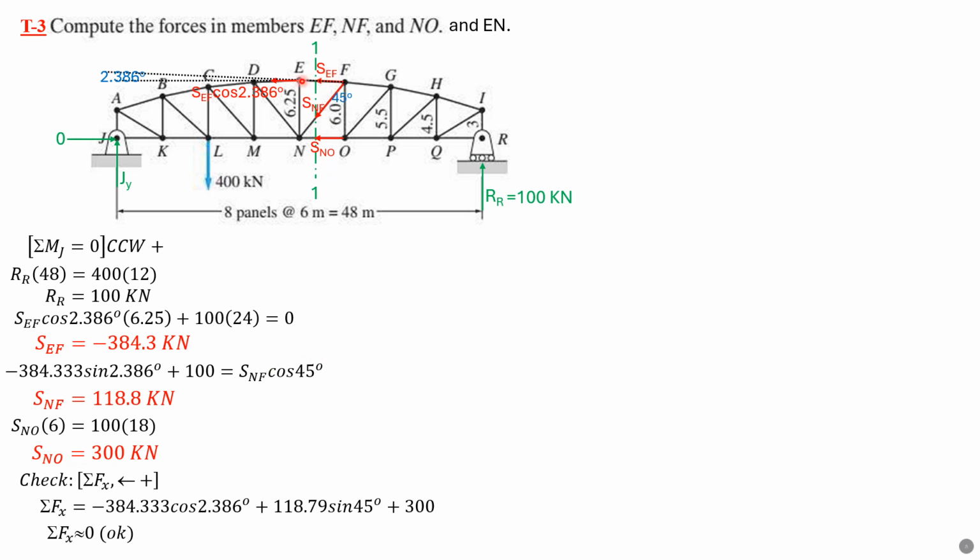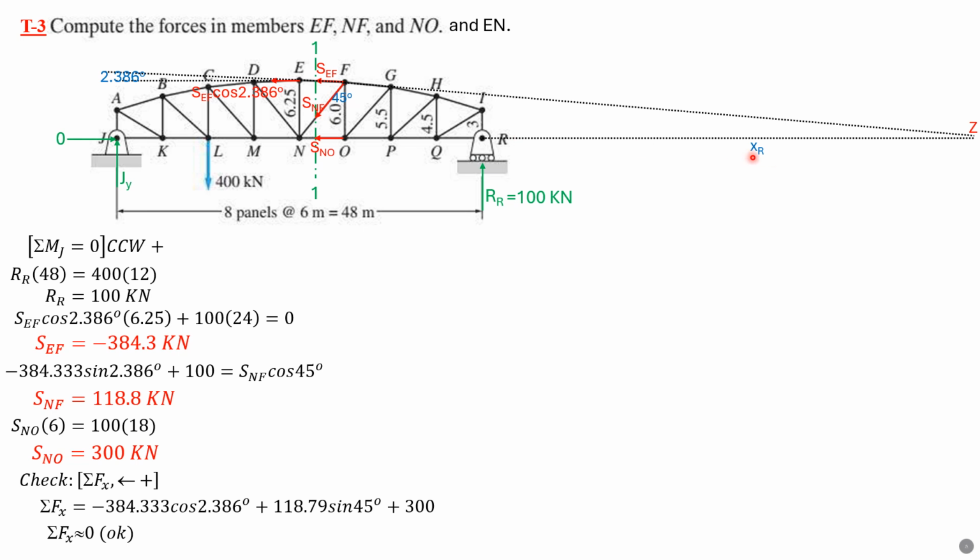By the way, there is another way to find SNF, so that the equation is not summation forces Y equals 0, making it an independent equation. Let's find the point of intersection of SEF and SNO, their lines of action, which will be somewhere here. I'll call that point Z, and the distance of Z horizontally from R as XR.